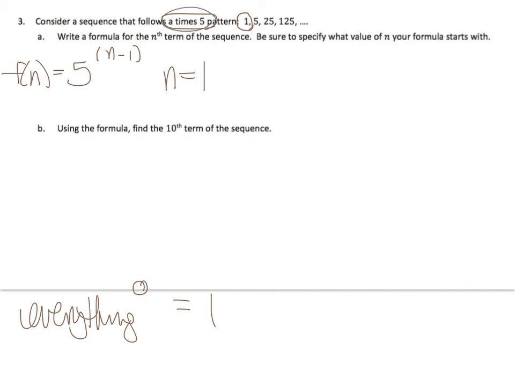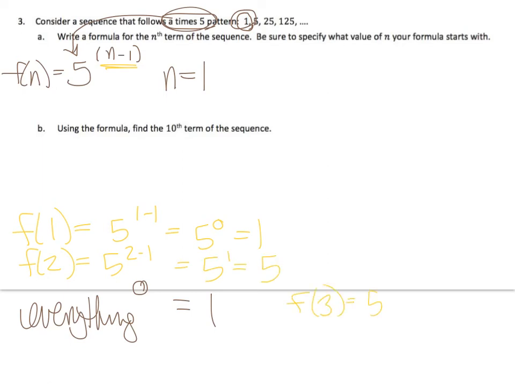If we're doing a times 5 pattern, that's why I get that there. My first term is 1, so I need the beginning to be raised to a 0 power, to get 5 raised to the 0 is 1. Let's test it. F1 is 5 to the 1 minus 1, which is 1. F2 is 5 to the 2 minus 1, which is 5 to the 1, which is 5.